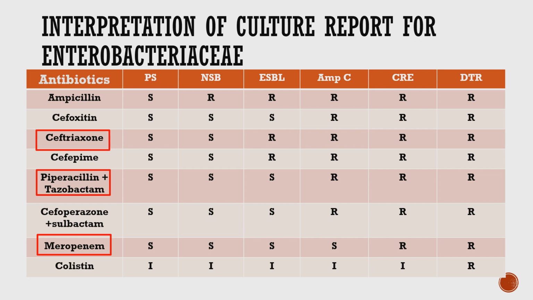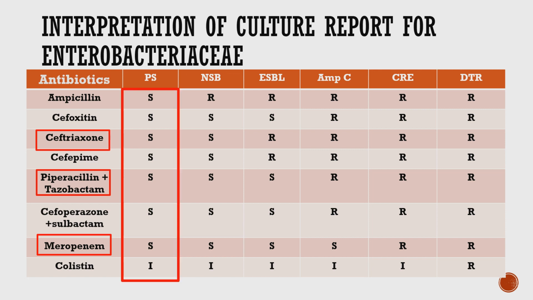This is the culture report, the crux which we have taken from our culture reports. We have to see 3 important antibiotics: ceftriaxone, piperacillin-tazobactam, and meropenem. If the organism is pan-sensitive, it is sensitive to all the drugs.